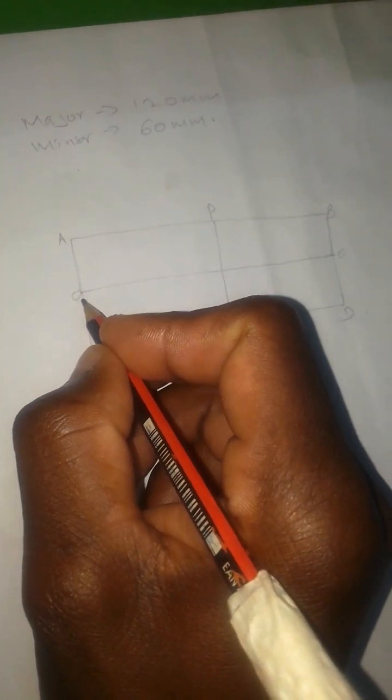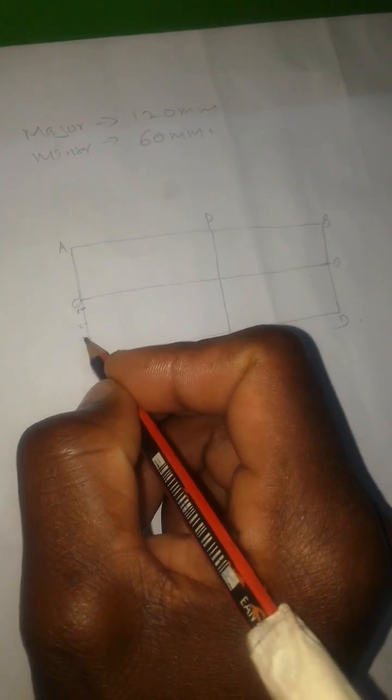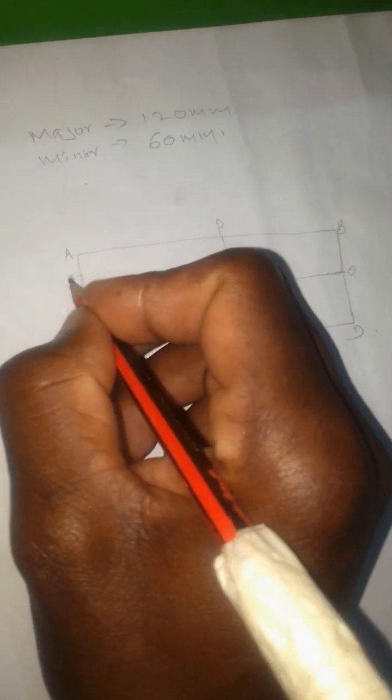For example, we have point 1, point 2, point 3, and point 4. Also we have point 1, 2, 3, and 4 along this minor axis.